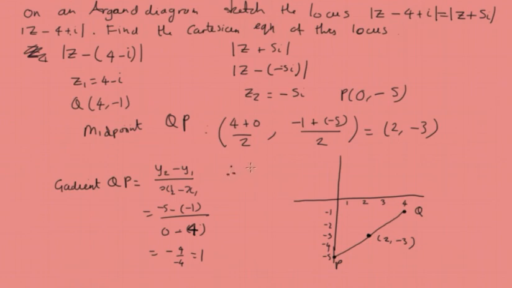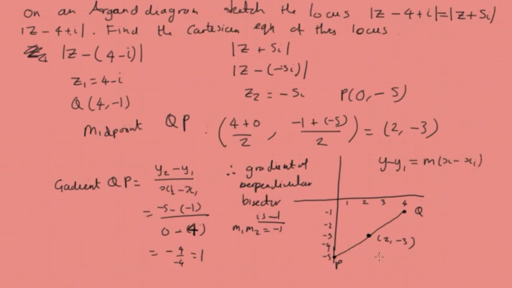Therefore, the gradient of the perpendicular bisector is going to be −1, just because, remember, m1 m2 = −1 when they're two perpendicular lines. So that's −1. Now we can just use our equation of a line, y − y1 = m(x − x1), to find the equation for the locus.